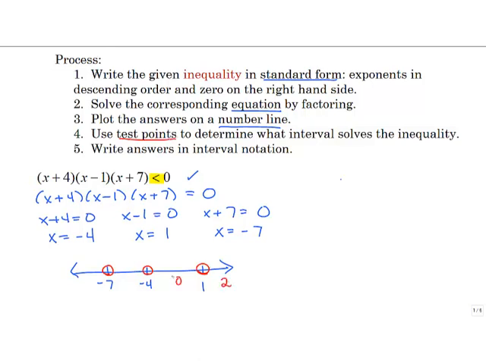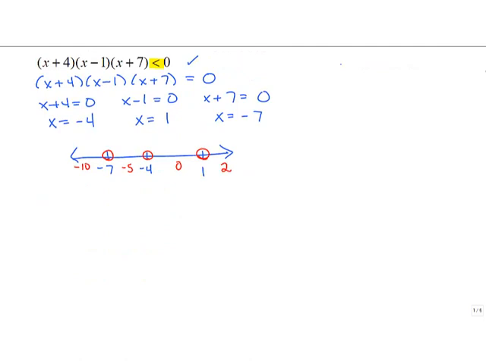I now need to choose some test points within each interval. I will test each value to see if I get a true statement.